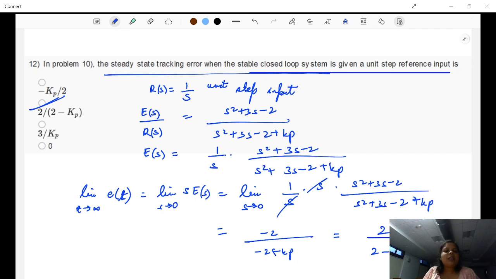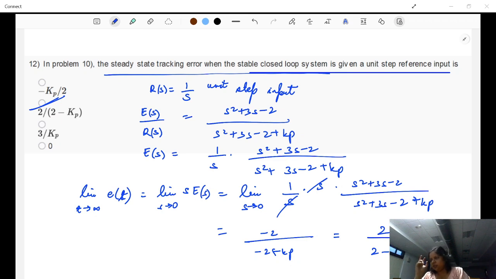We had already done a similar kind of question probably in the last class, where we had found the steady state error using two ways. One was that we had a differential equation. We took the Laplace transform, we solved the equation, we found the inverse Laplace, and then we put what would happen if time tends to infinity. There were terms like e to the power minus 2t, e to the power minus 3t, and we went on putting them to infinity, and we got the steady state value.